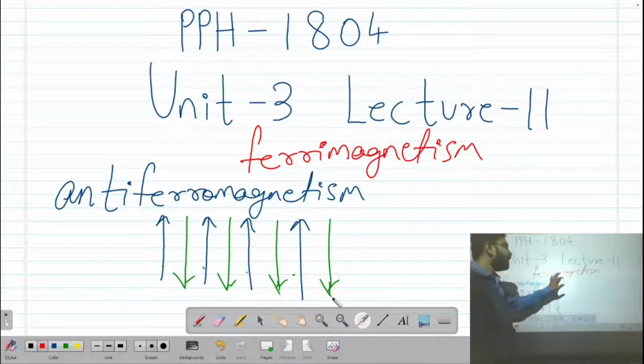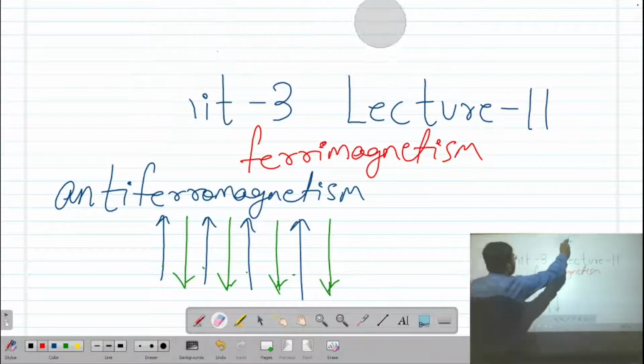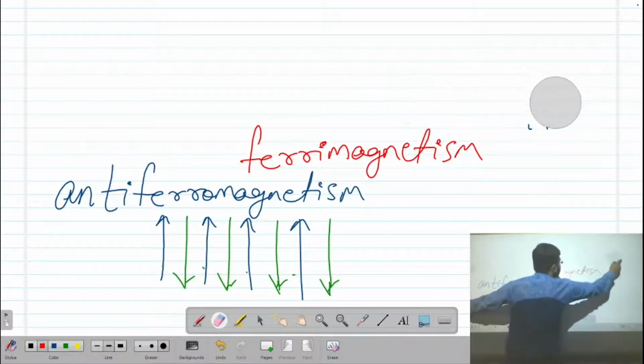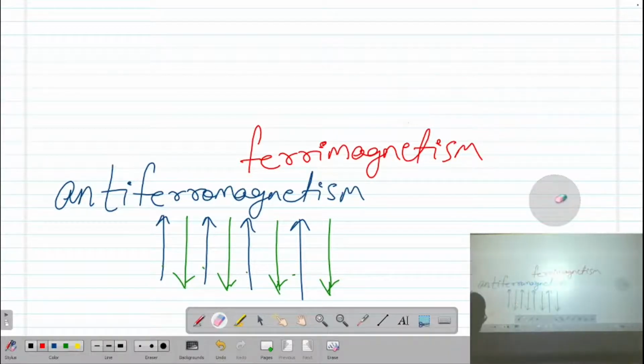But in ferrimagnetism, what is going to happen is, before going to ferrimagnetism, let us recall ferromagnetism.